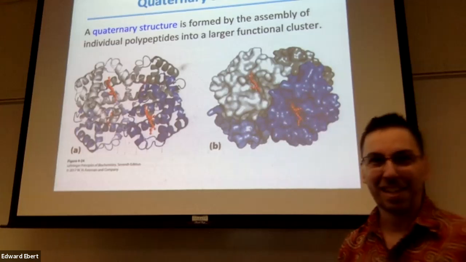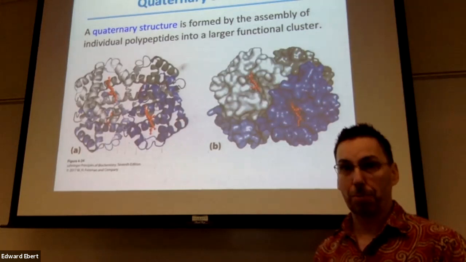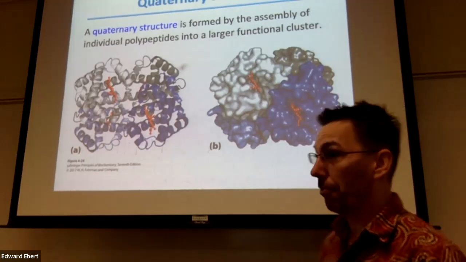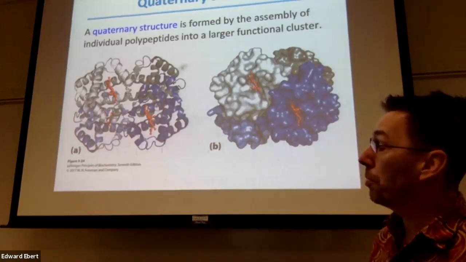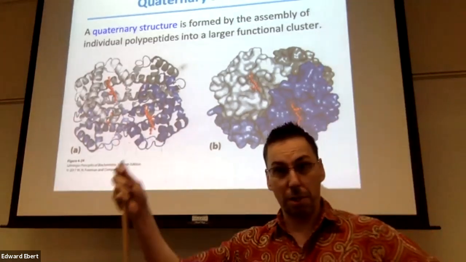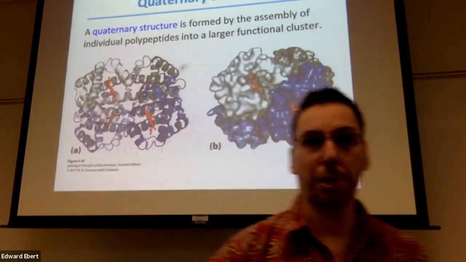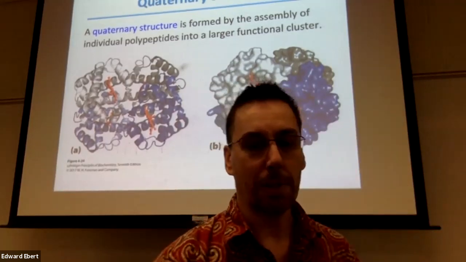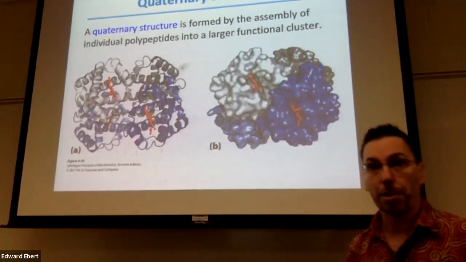So we've talked about primary structure, which is just the sequence. Secondary structure are alpha and beta helices. Tertiary structure may incorporate motifs, but is basically the entire three-dimensional shape of one particular peptide. We also have our quaternary structure.